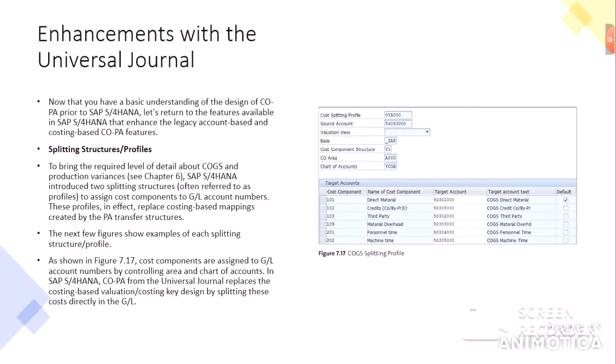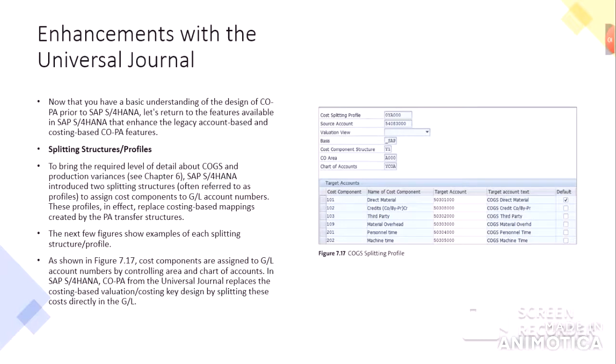about COGS and production variances, SAP S4HANA introduced two splitting structures, often referred to as profiles, to assign cost components to GL account numbers. These profiles, in effect, replace costing based mappings created by the PA transfer structures.